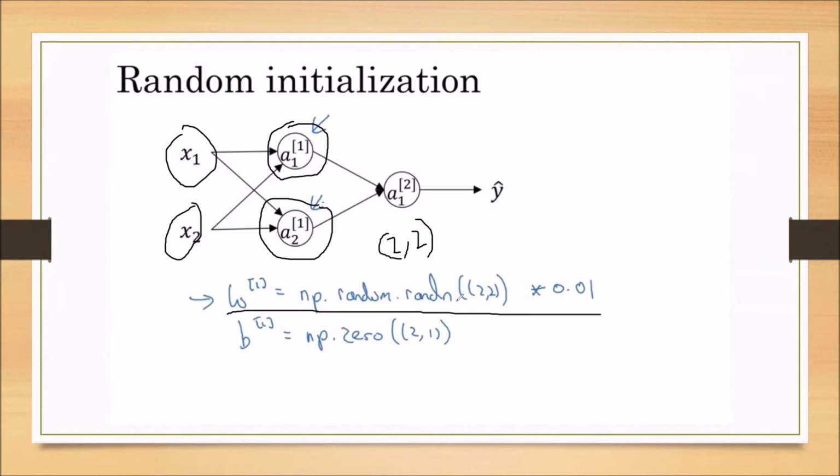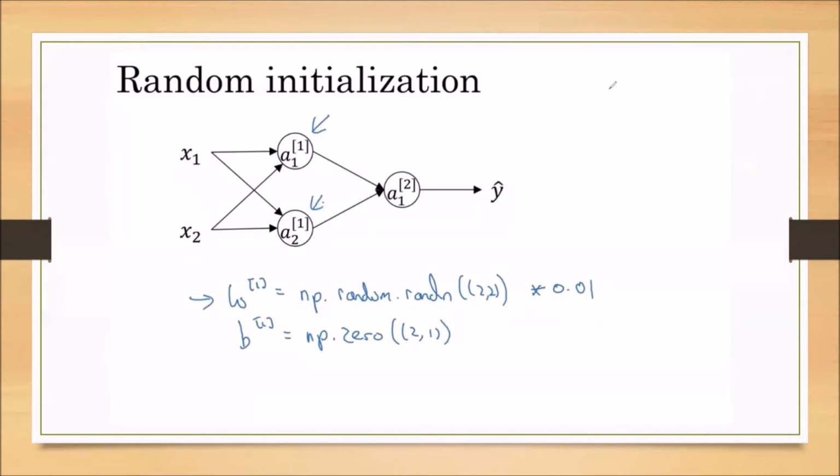After getting the random randn array, we multiply all the elements with 0.01 to make all the elements very small values. Why we are multiplying with 0.01, we will discuss.